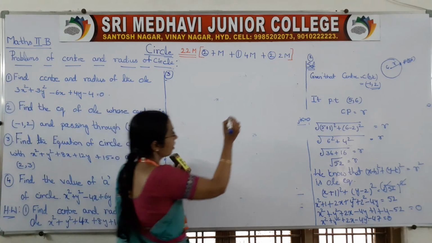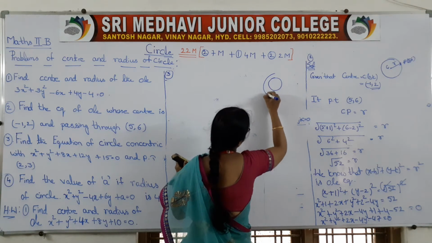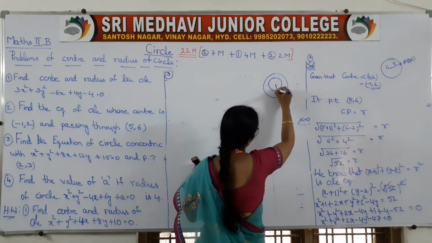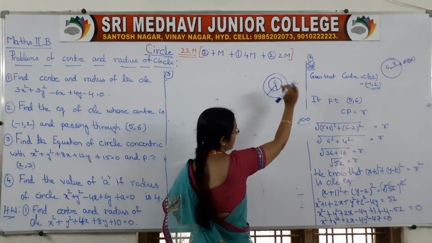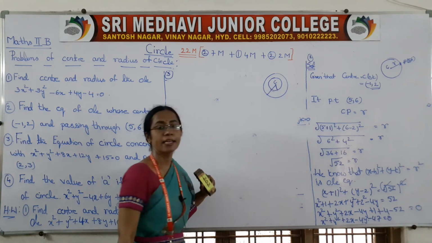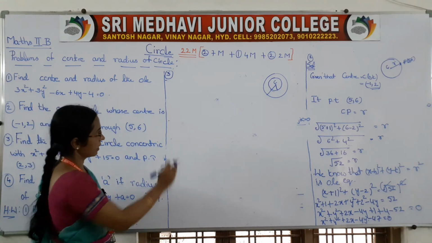What is meant by concentric circles? Suppose circles with the same center and a different radius. This is one circle, its center is C and this is its radius. This is another circle with center C but the radius is different. Such type of circles are called concentric circles.